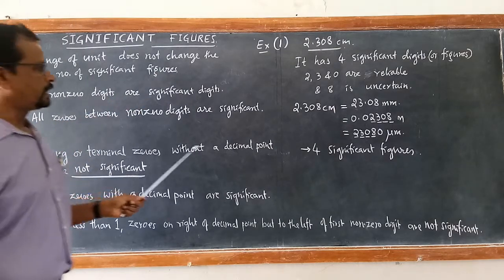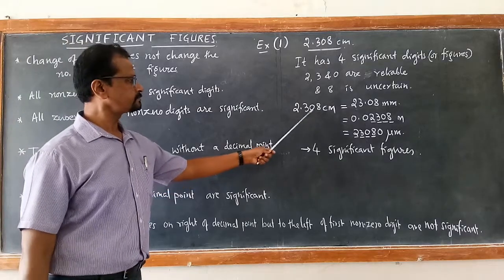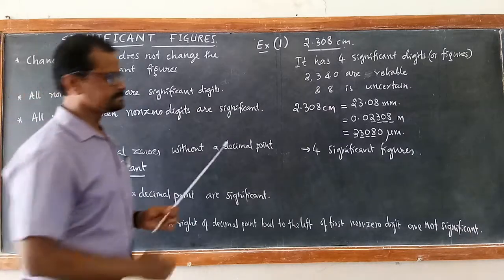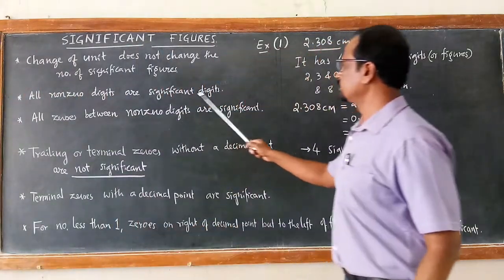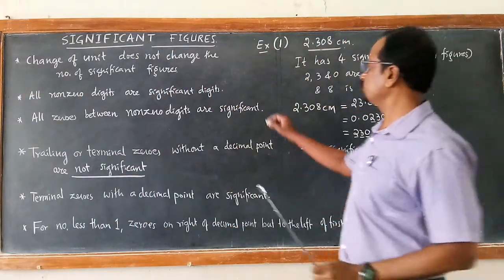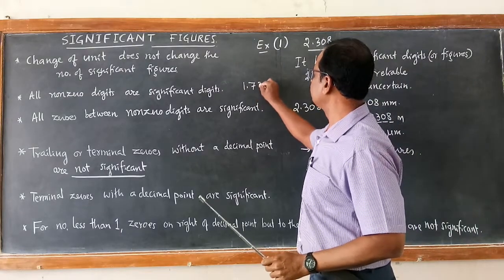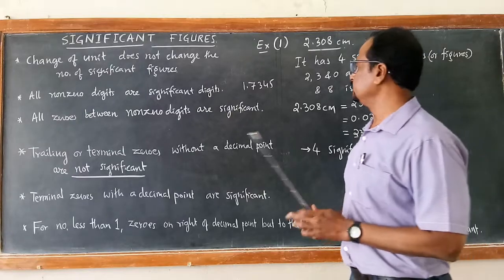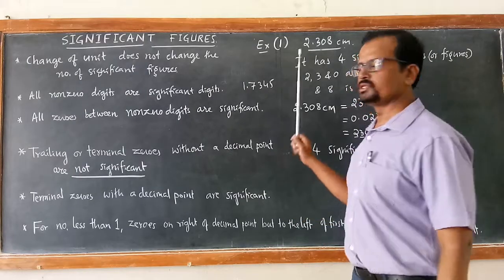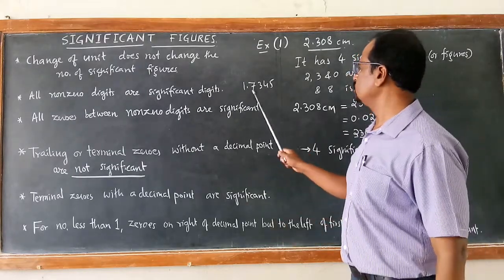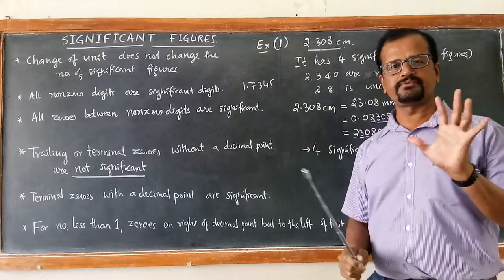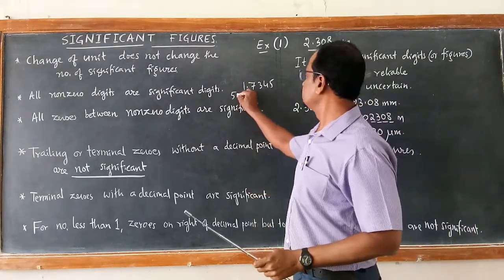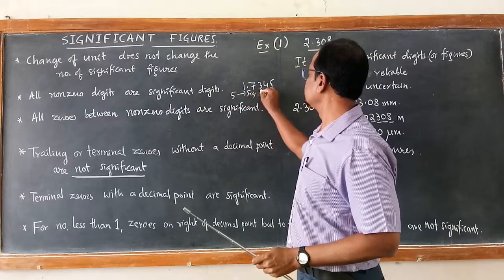And all non-zero digits are significant. For example, 1.7345, suppose this is a particular result. These are all non-zero, so we get 1, 2, 3, 4, 5. Totally 5 significant figures.